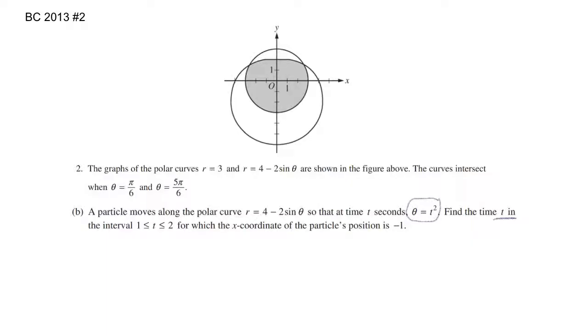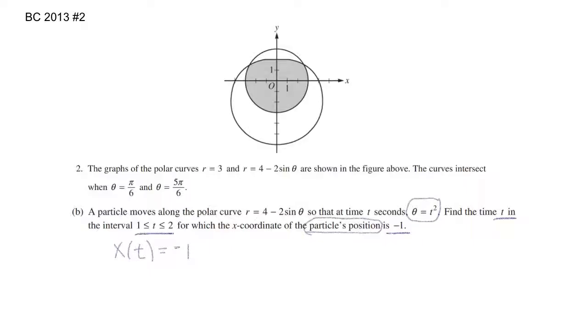Find the time t over this interval from 1 to 2 for which the x-coordinate of the particle's position function is -1.